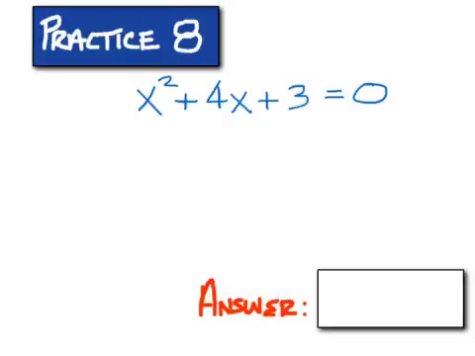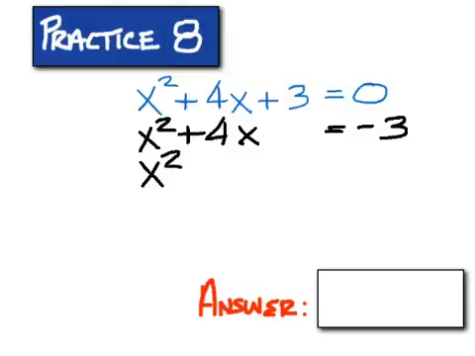Bring up step 4. On this problem, don't come up as soon as I circle step 4 because I'm going to show you the rest of the problem, which is what you have to do on your homework, and it's only one extra step. This is x squared plus 4x equals negative 3. Half of the middle term is 2.